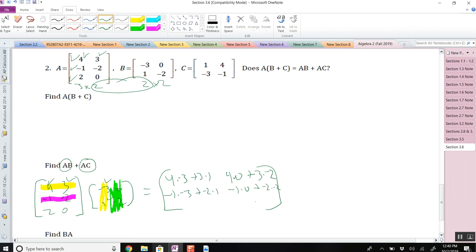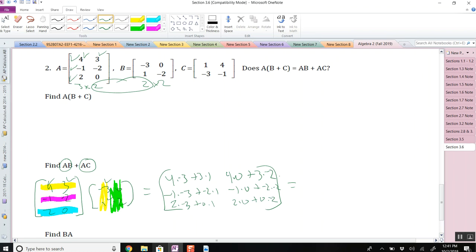Then lastly, I'm going to do the third row with each of the columns in the right matrix. So 2 times negative 3 plus 0 times 1, and then 2 times 0 plus 0 times negative 2.